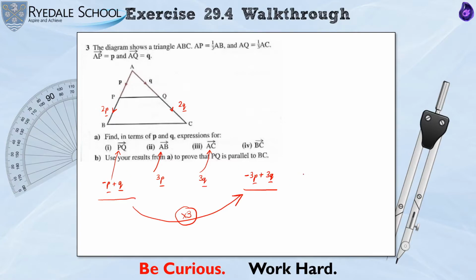So I could say that BC is 3 lots of PQ. That is me showing that one is a multiple of the other. And I will then just spell it out really explicitly. Since multiples, they must be parallel.